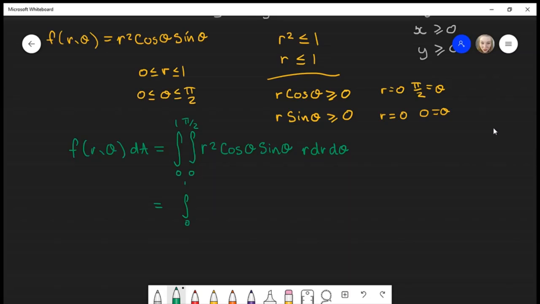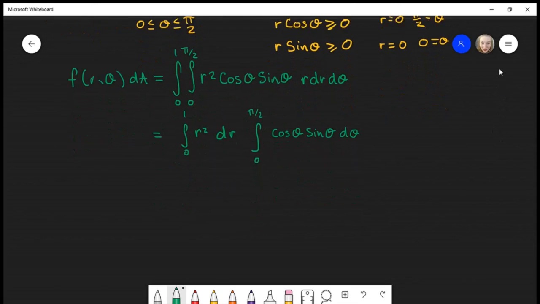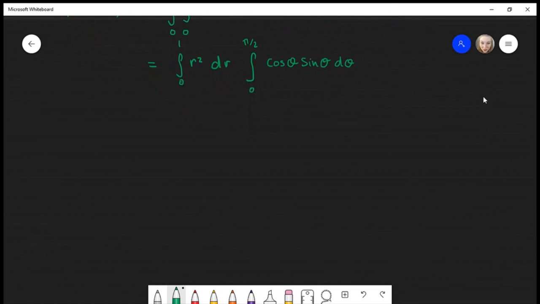So 0 and 1, r cubed, because we've got that extra r there, dr, and between 0 and pi over 2, cos theta sine theta d theta. We can do the first one straight away.